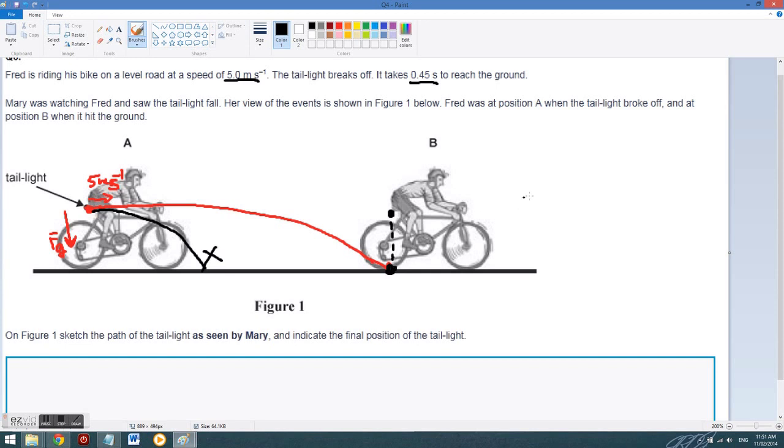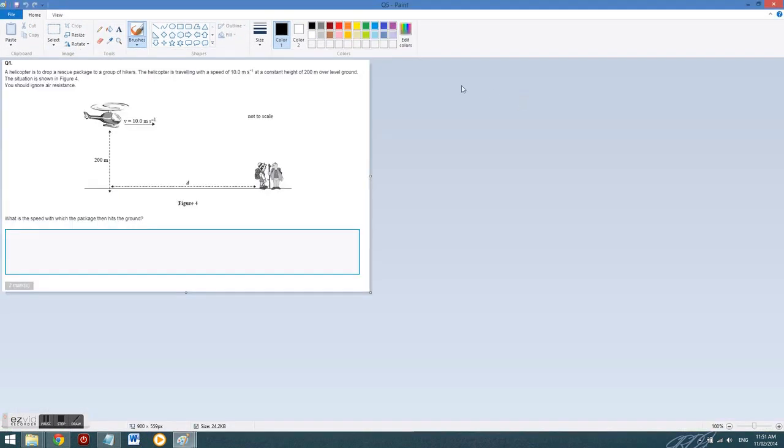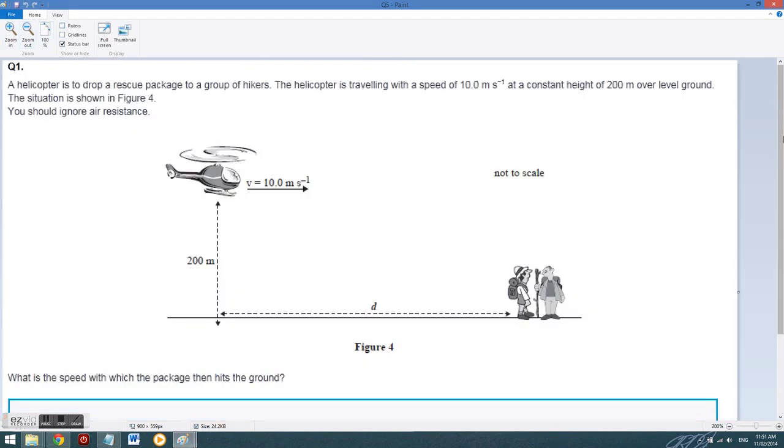Now let's go on to the next question. Here is your two-dimensional question. A helicopter drops a rescue package to a group of hikers.